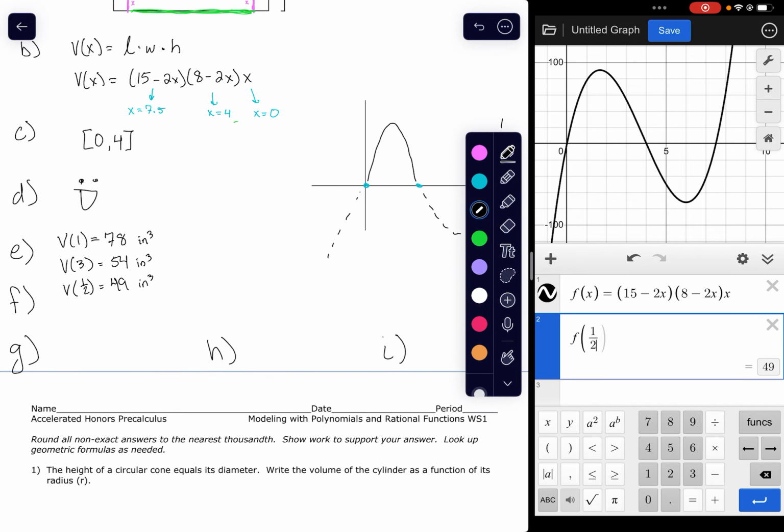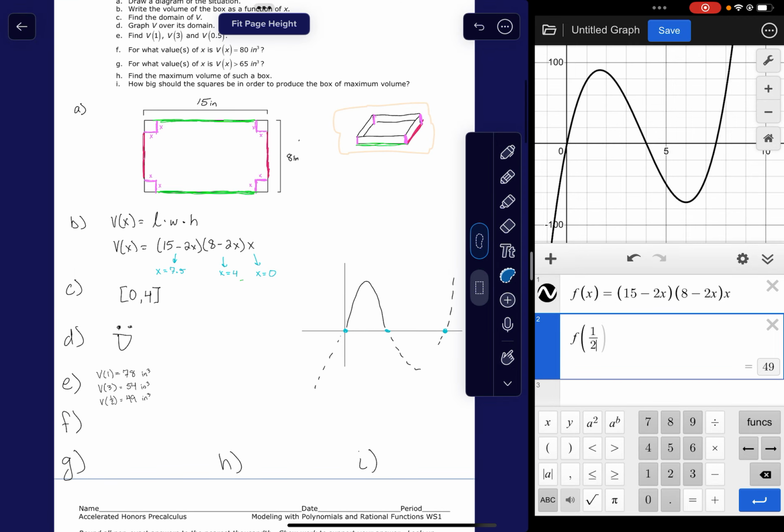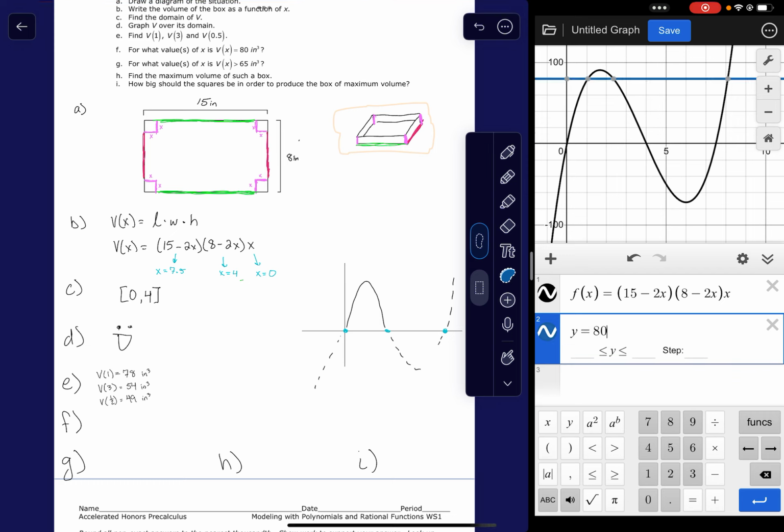Let's talk about F. F asks us to think about something. Let's find out what that something is. It's asking us where the y values are exactly equal to 80 inches cubed. So the way you do that is instead of considering the x values, you're going to consider the y values. So in your y equals, put in y equals 80.